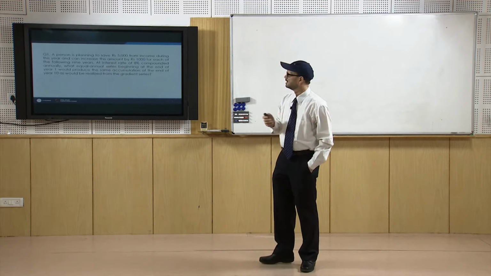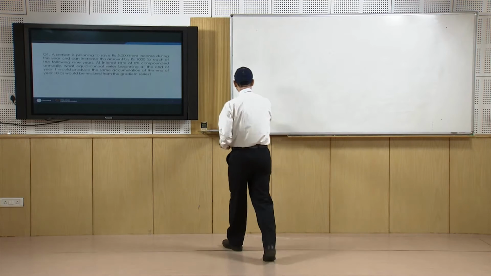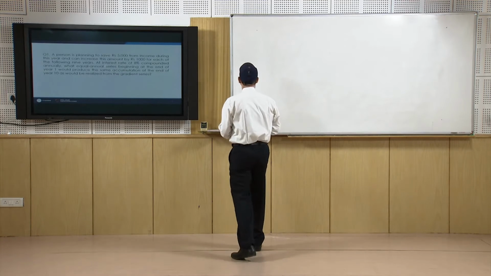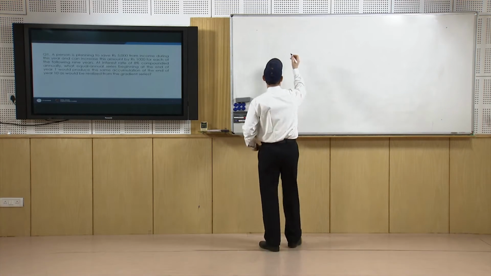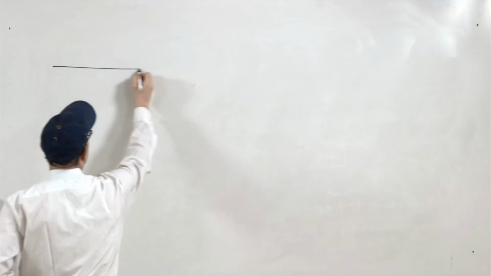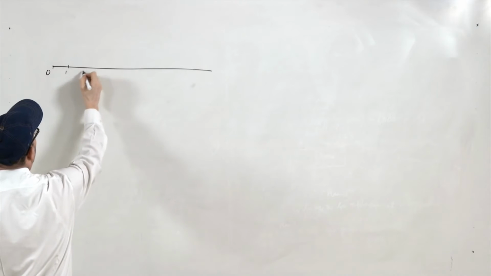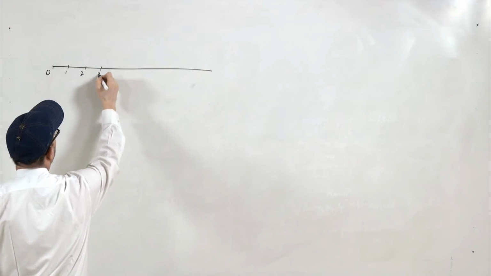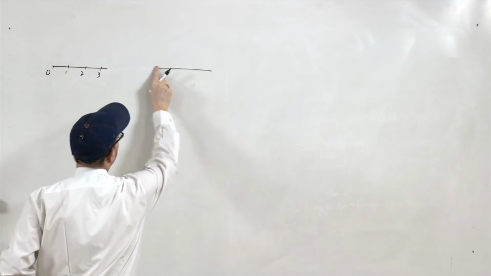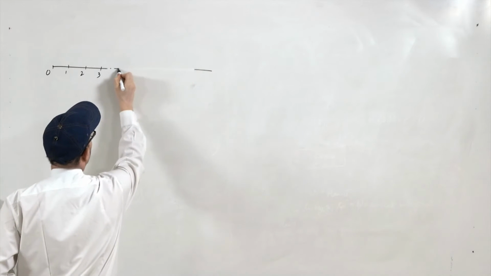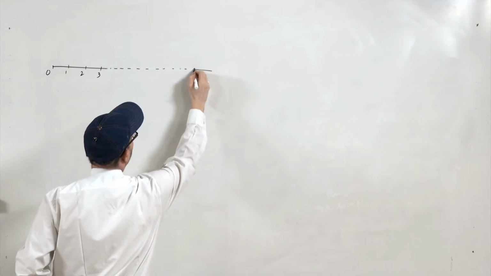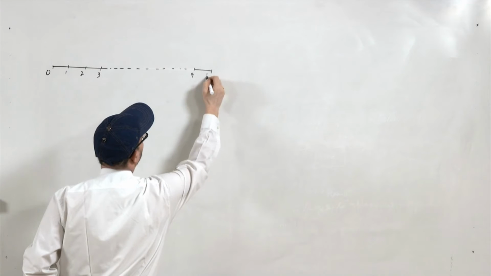So, basically this is a problem which talks about a cash flow series like this. You have a 10-year time starting from 0, 1, 2, 3, and then it will go to year 9 and year 10.